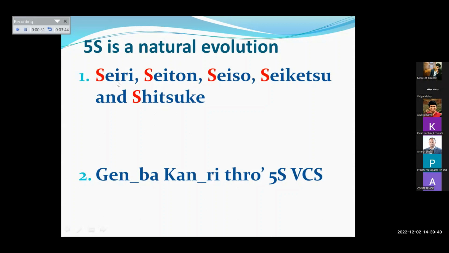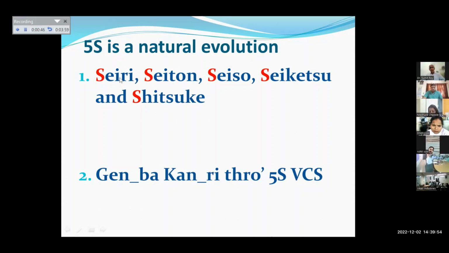These are nothing but segregation, systematic arrangement, then shining, standardization, self-discipline. Some persons say sustain also. So as you see, the first letter of each is an S, making the 5 S's. And how did this particular concept come into being?